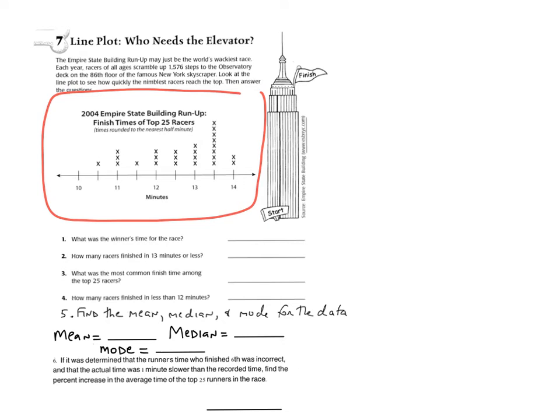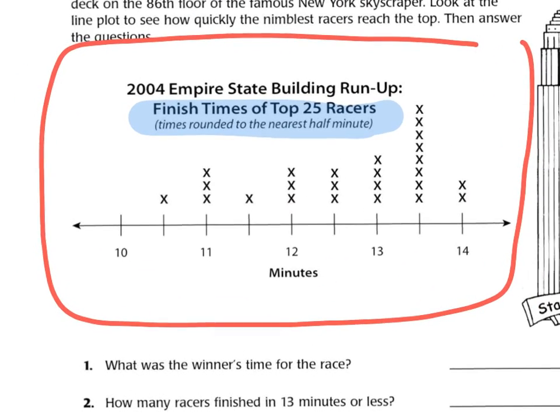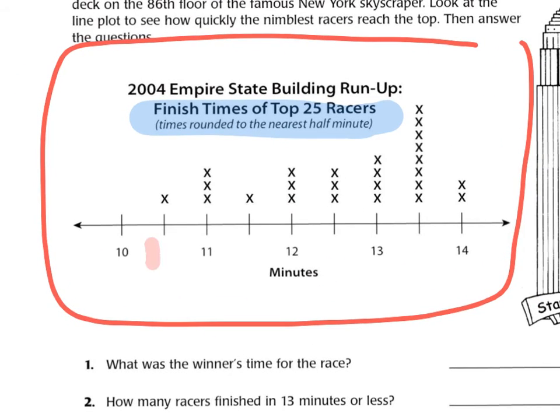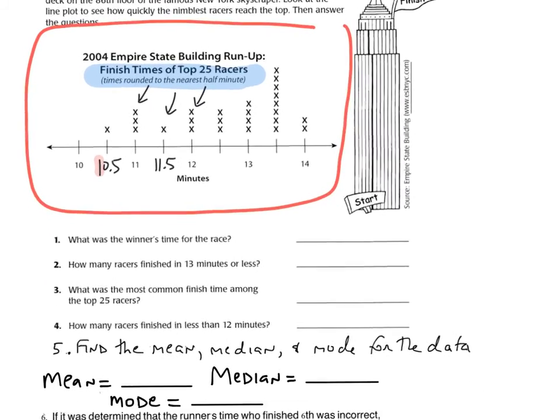And here they're telling you times are rounded to the nearest half minute. So it looks like here, one runner finished in 10.5 minutes, 3 runners finished in 11 minutes, 1 runner finished in 11.5, 3 finished in 12. So here what we want to do is try to answer some questions based on this particular race.